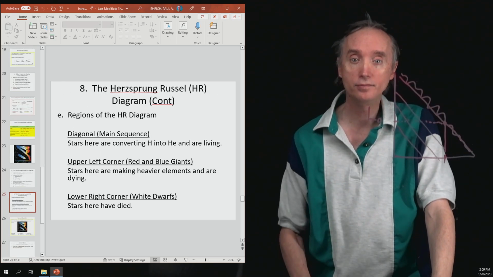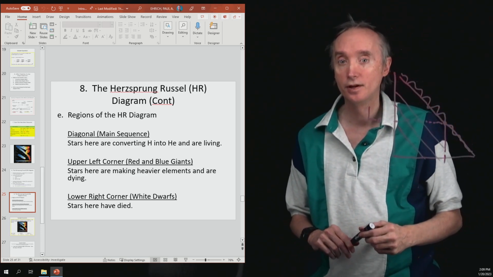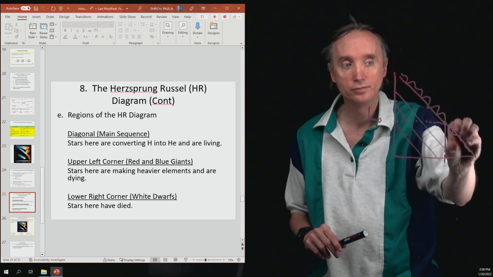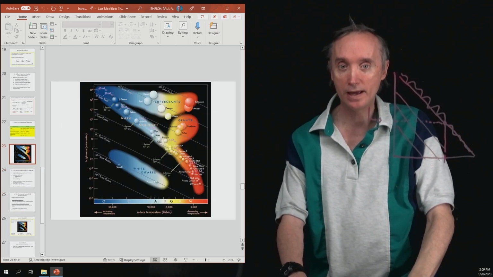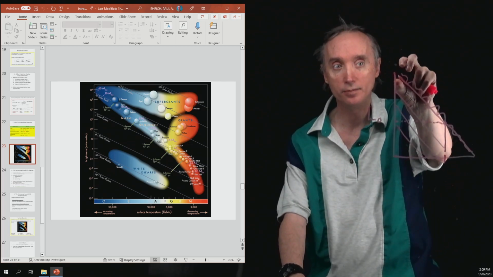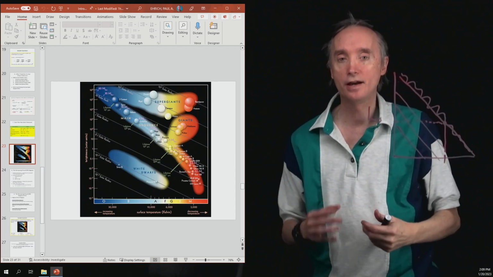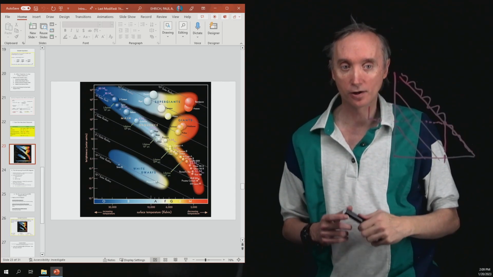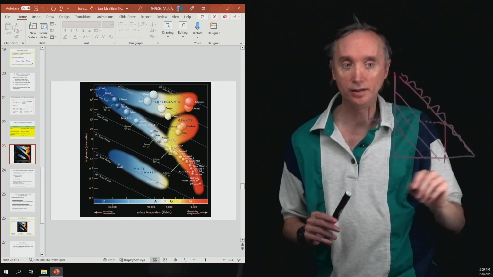One other thing, let's talk about the regions on the HR diagram. This thing here, where you have a whole bunch of stars making that band, is going to be called the main sequence, and these are stars that are living. They are currently converting hydrogen into helium.